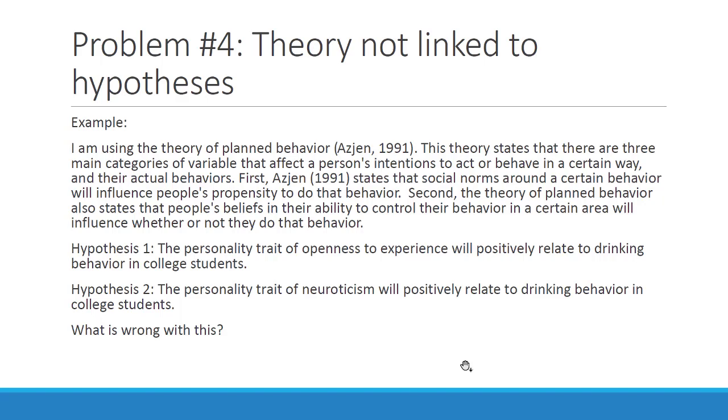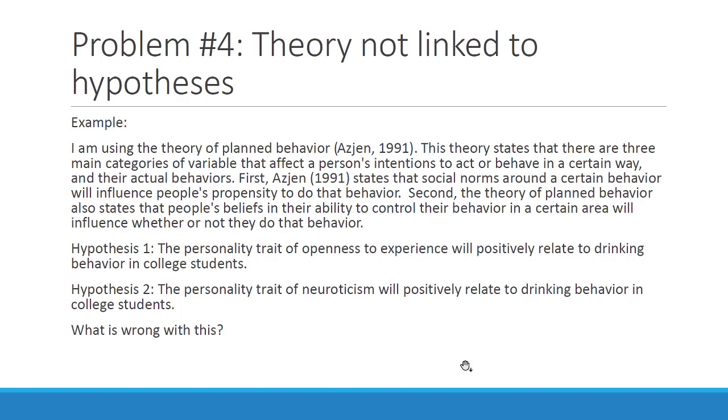Now, if I said hypothesis 1, the personality trait of openness to experience will positively relate to drinking behavior in college students, and hypothesis 2, the personality trait of neuroticism will positively relate to drinking behavior in college students, this would be incorrect. Why? So what do you think is wrong with that situation? Well, if you said that the actual hypotheses don't relate to the theory that I used, then you would be correct.